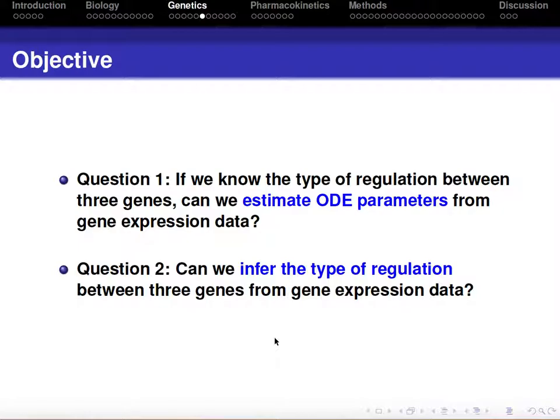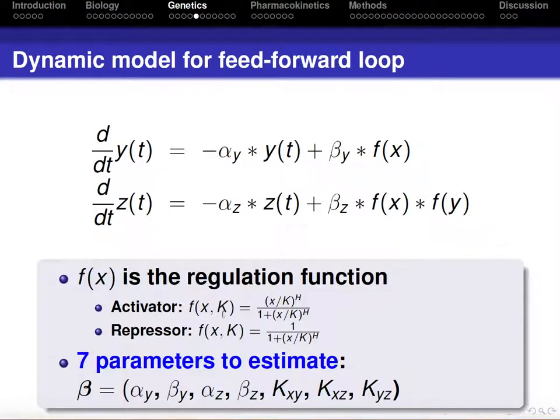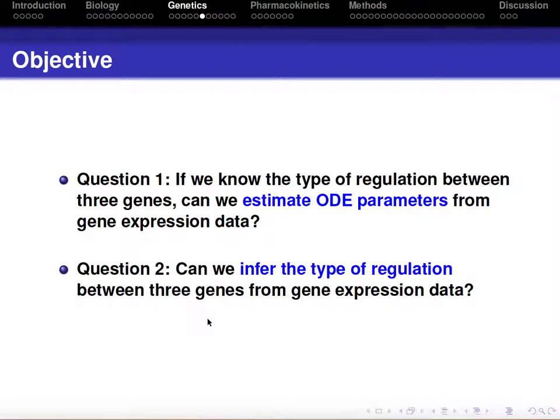So we have 2 questions we want to address for this project. First, suppose we know the type of regulations between the 3 genes. In other words, we know the regulation will be activation or repression. So we will know the form of this regulation function. How can we estimate these parameters from the gene expression data?